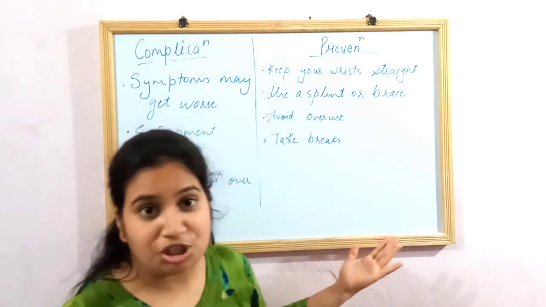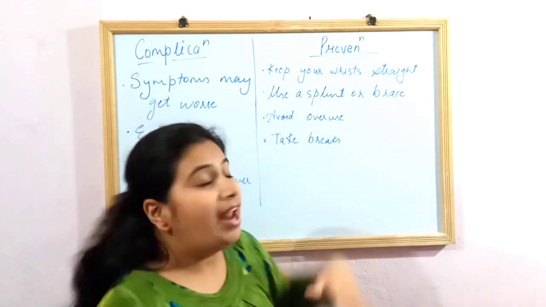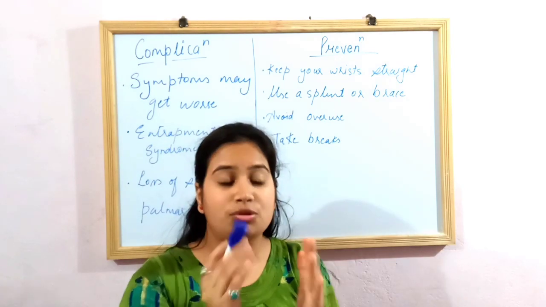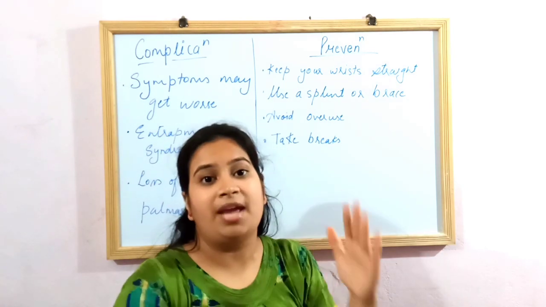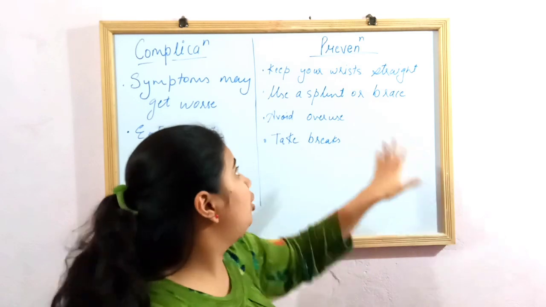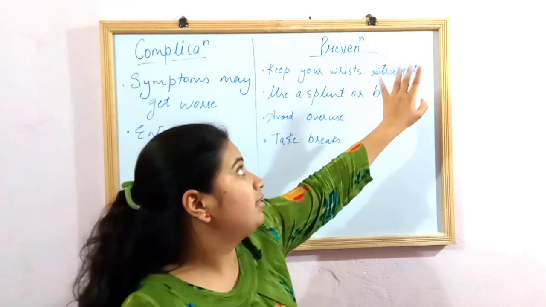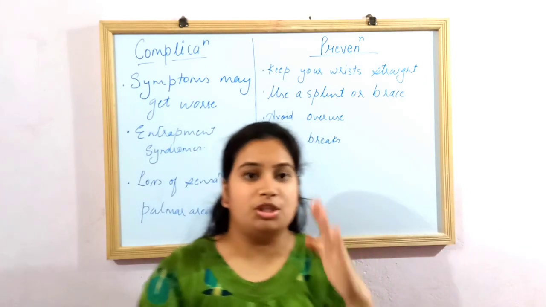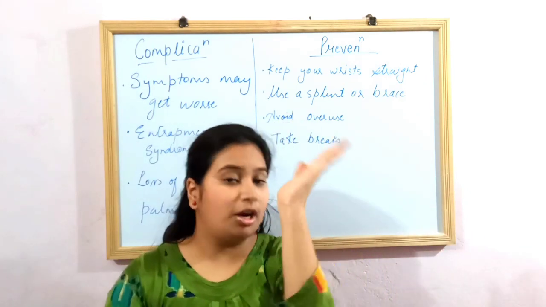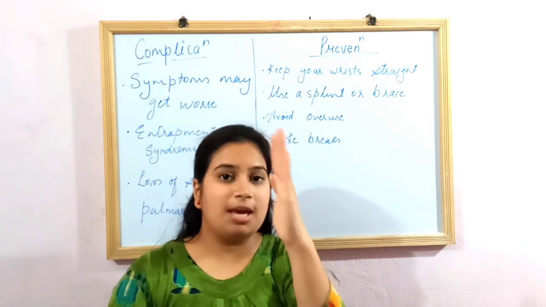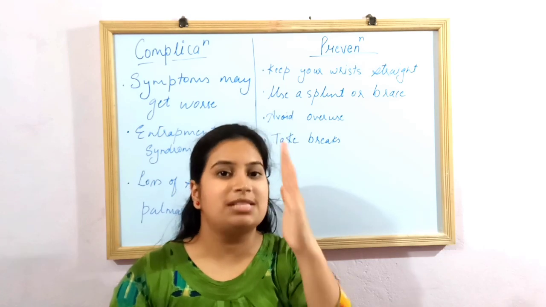Next is the prevention part. If you are having carpal tunnel syndrome, you need to save it from getting worse. For this, you need to follow these rules. Keep your wrist straight. Straight means in a neutral position, not in excessive flexion, not in excessive extension. Keep your wrist in the neutral position as much as possible.